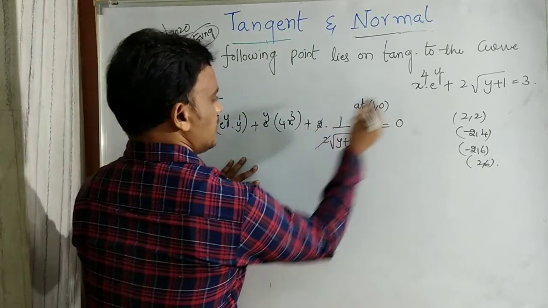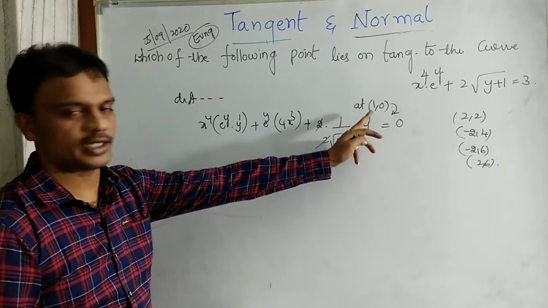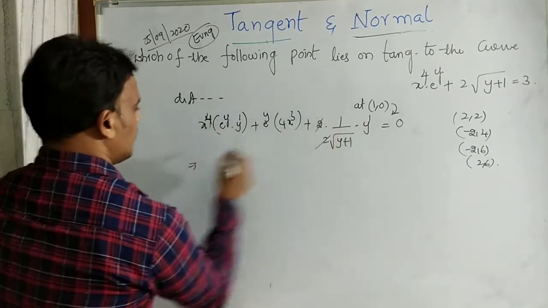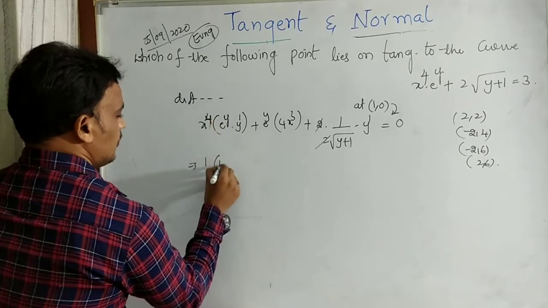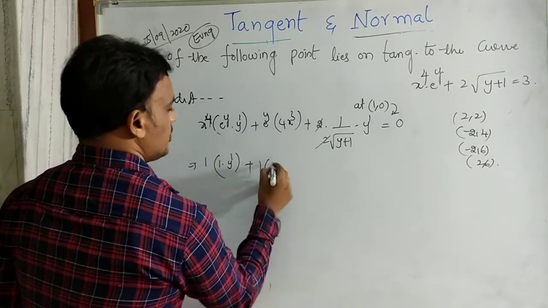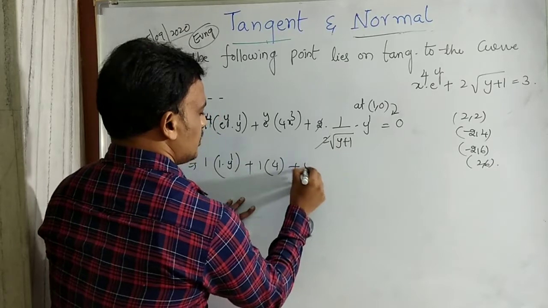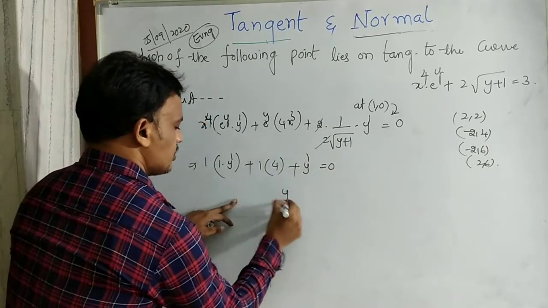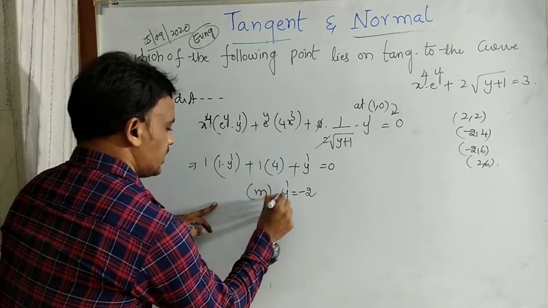At the point (1, 0), substitute the x coordinate 1 and y coordinate 0. So x^4 is 1, into e^0 which is 1, with y', plus e^0 is 1 with 4x^3 which is 4, plus the y value is 0, so 1 with y' equals 0, which is 2y' plus 4 equals 0, y' equals minus 2. I can get the slope of the tangent is minus 2.